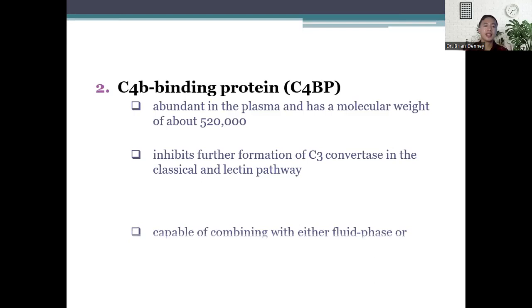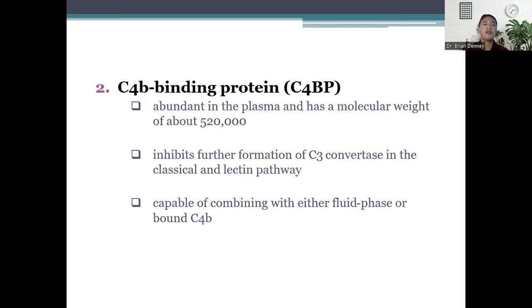Another protein is C4b binding protein. How come it inactivates your classical and lectin pathway? Remember, your C4 is the first protein to be cleaved by your C1 complex in the classical pathway.